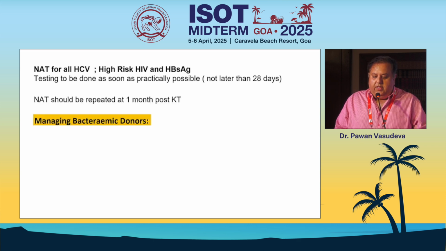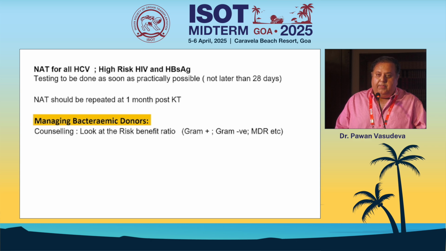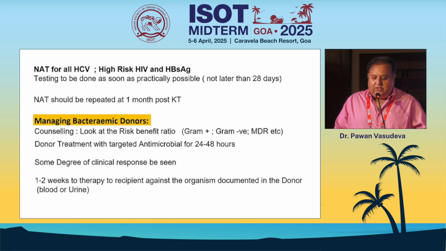donor-derived infections. Managing bacteremic donors, again, you look at the cost-benefit ratio, gram-positive, gram-negative, MDR, and you see how the patient has responded. So if with the donor treatment with the targeted antimicrobial there is a response, you have 24-48 hours where you assess that there is a response, then the transplant could go ahead with 1 to 2 weeks of therapy to the recipient against the organism documented in the donor.